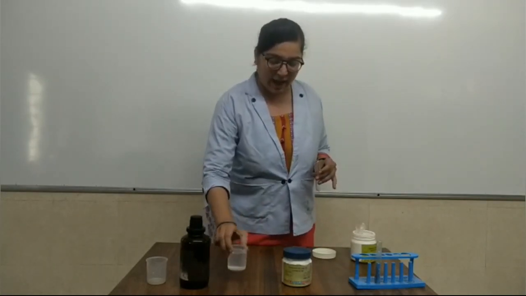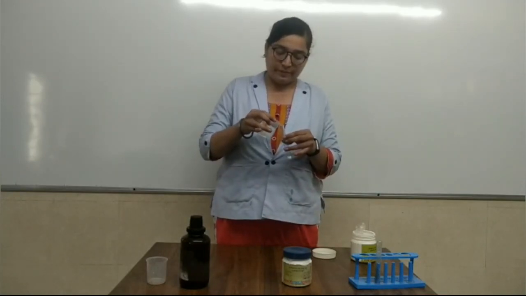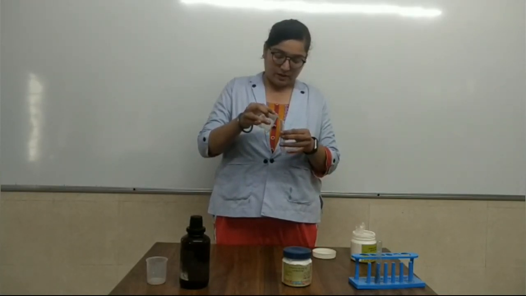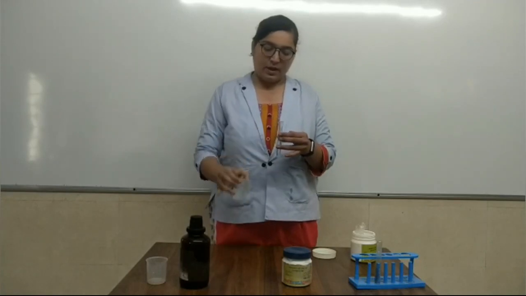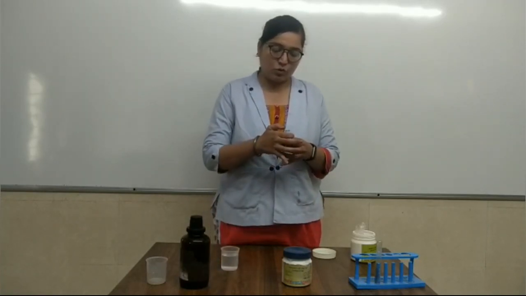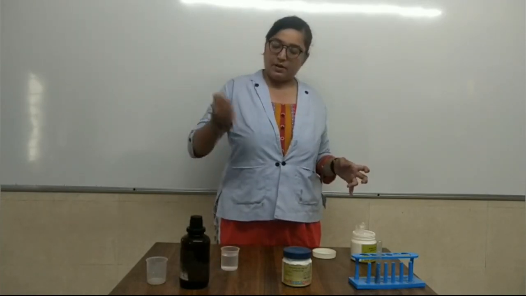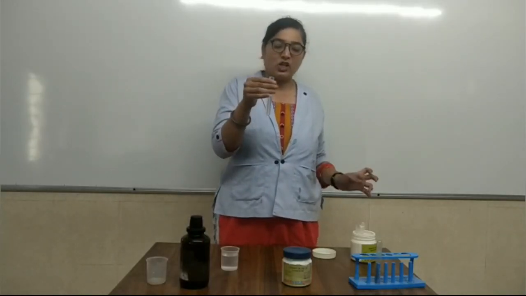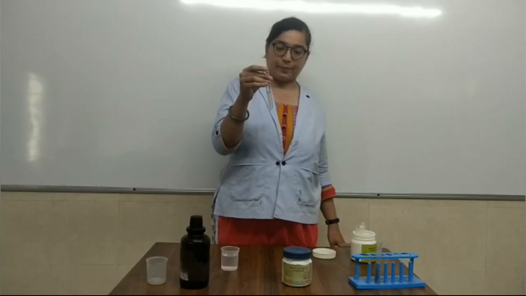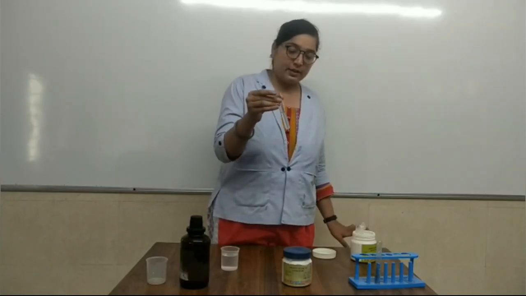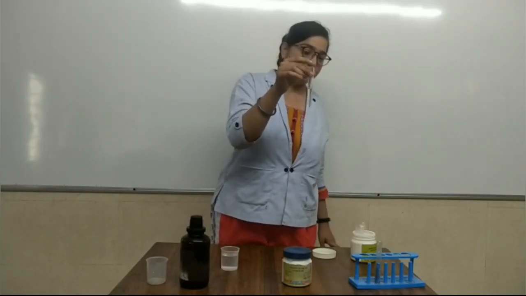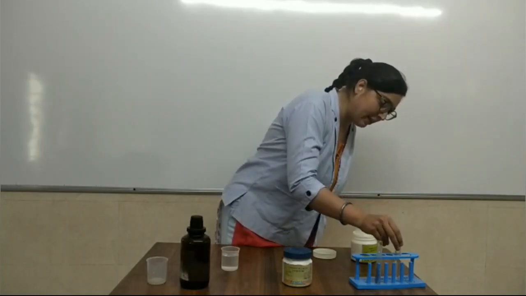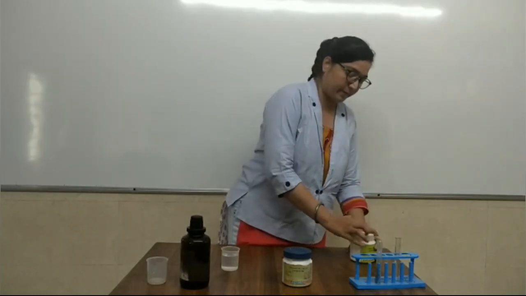Let us add water and make the solution of sodium nitrate. You can see it will become a transparent solution. Okay, totally it will look like water. Let us keep it over here.